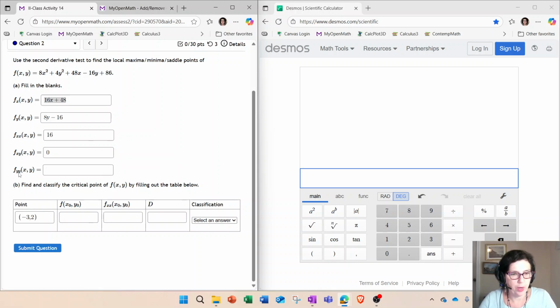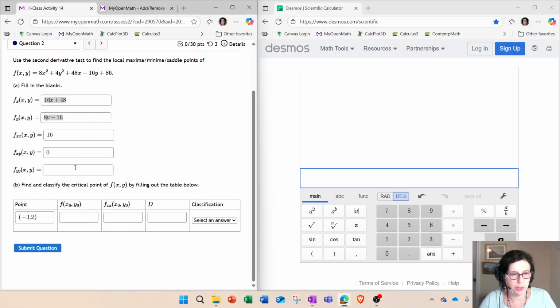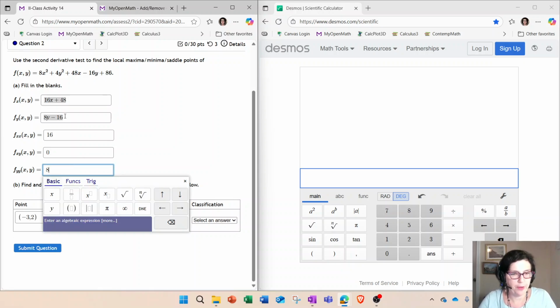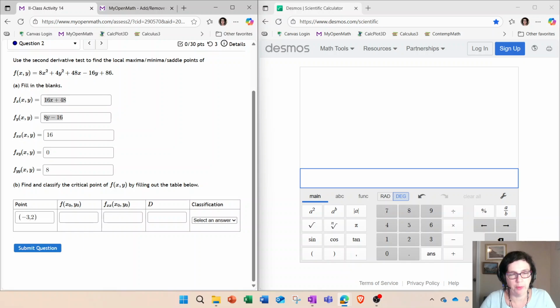And fyy means that I'm taking the y derivative and taking another derivative of it with respect to y. By the way, if I took the derivative of this with respect to x, that would be fyx, which is called a mixed partial, and it should be the same as the other one, and it will be because this does not have an x, so that's going to be 0.